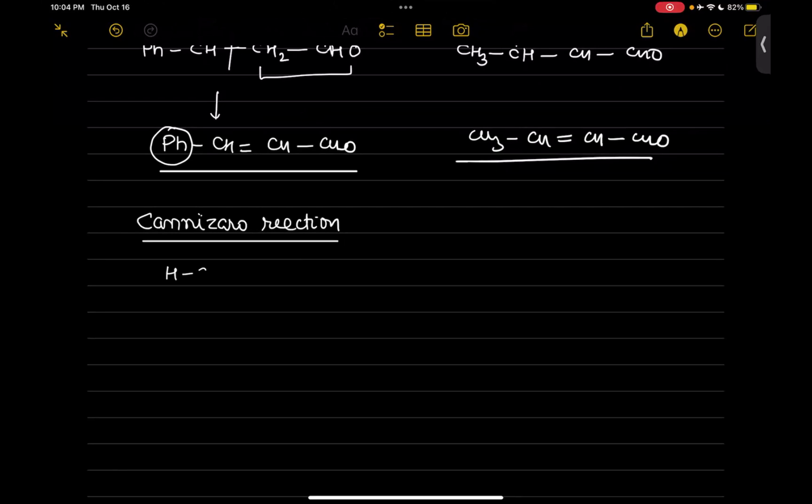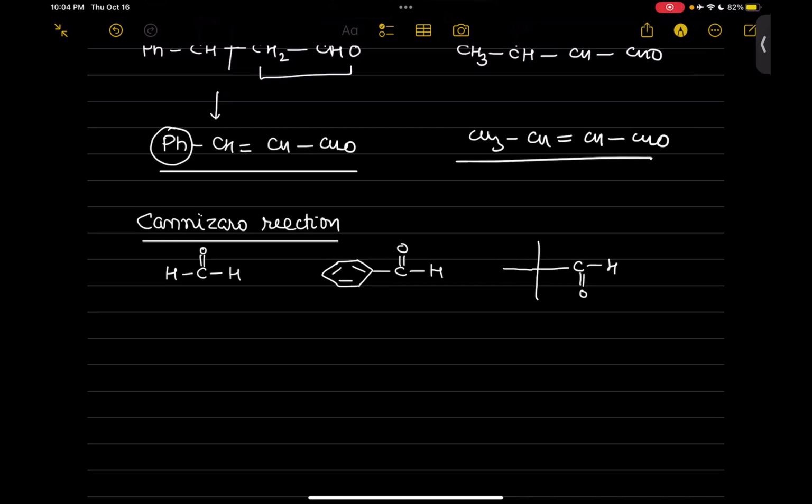For example, formaldehyde. Will it give aldol or Cannizzaro? Benzaldehyde. Will it give aldol or Cannizzaro? Do they possess alpha hydrogen? No. They do not possess any alpha hydrogen.